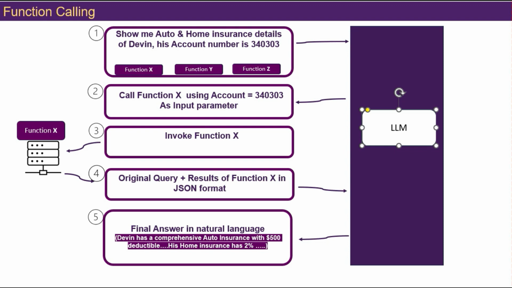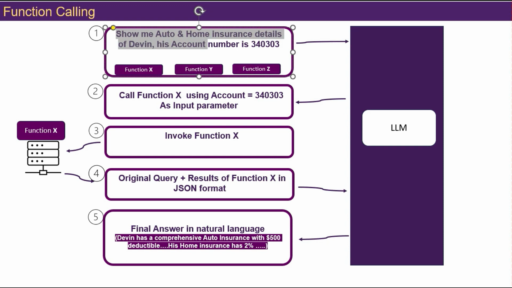Then what you do is, now you know which function to call to fulfill this request. You execute that function against your enterprise APIs or microservices or whatever. You get back data in XML or JSON format, and then you send it back to the LLM saying, hey, I executed the function you told me to execute.